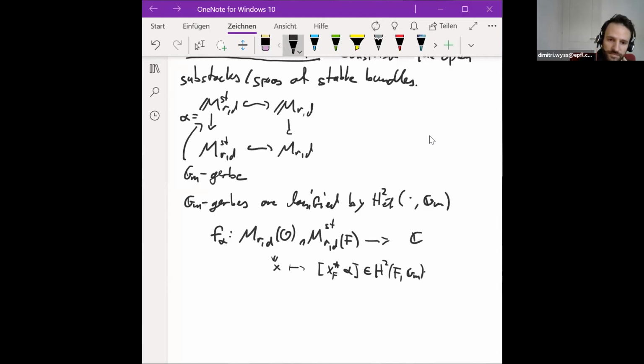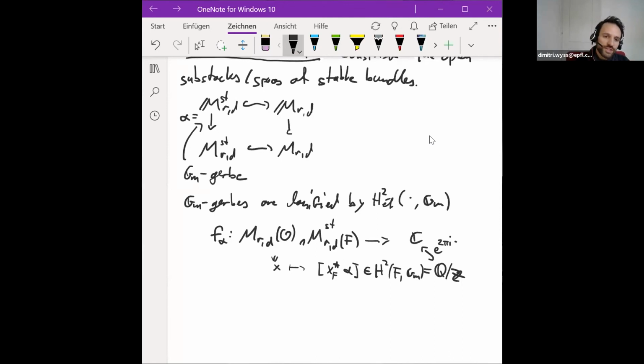With values in GM, and this you can identify with the Brauer group of a non-Archimedean local field. You can identify it with Q mod Z, which you can then embed into the complex numbers by choosing the generator e to the 2 pi I, so identifying this with roots of unity.